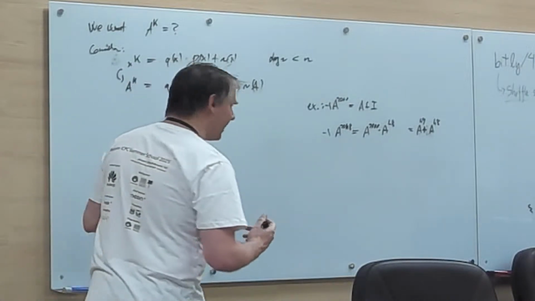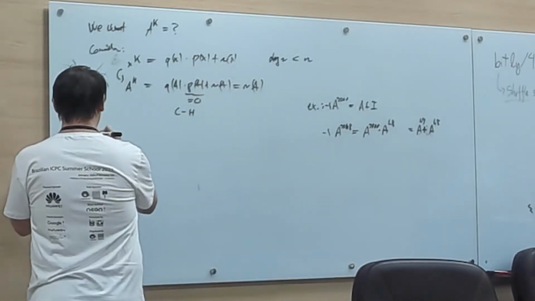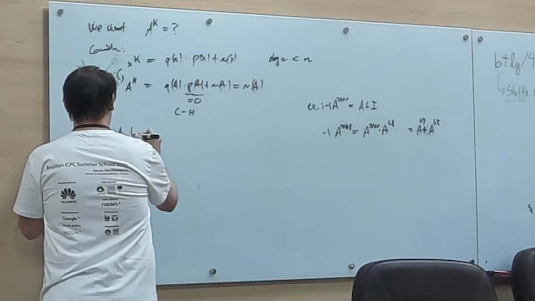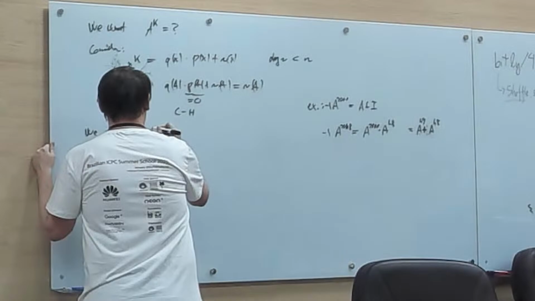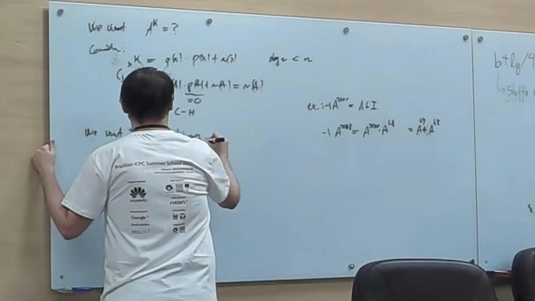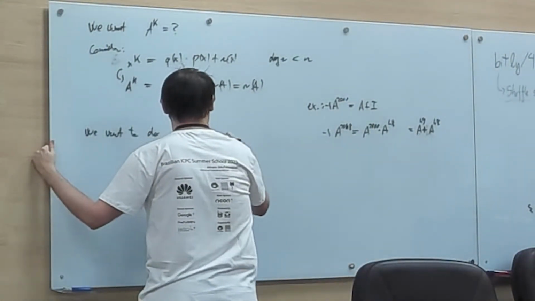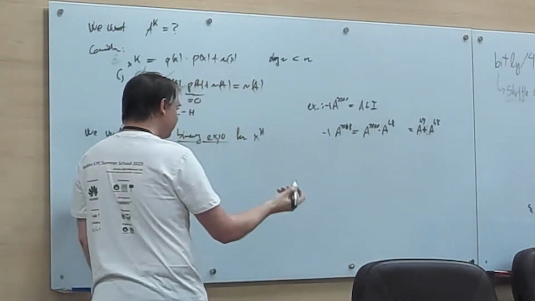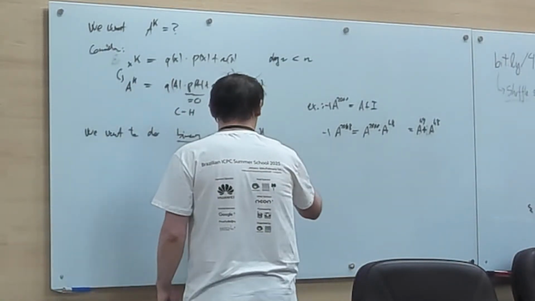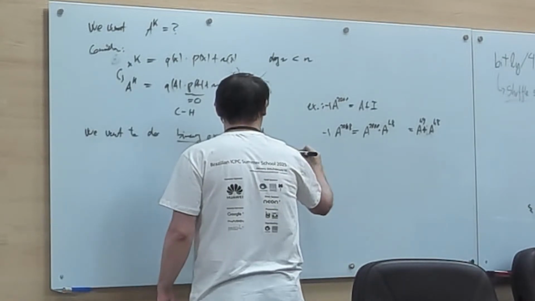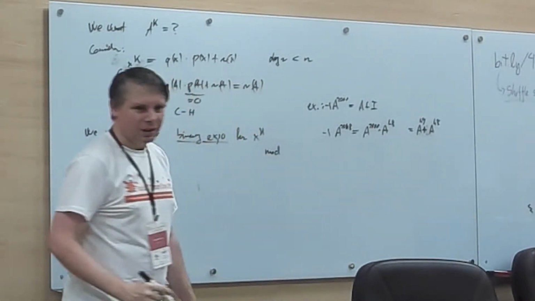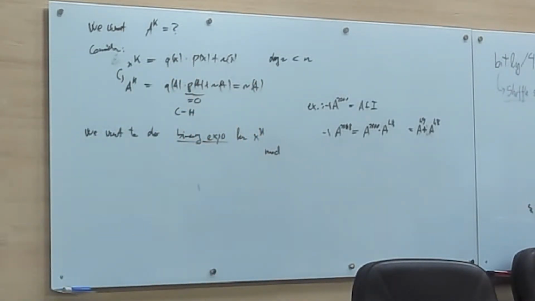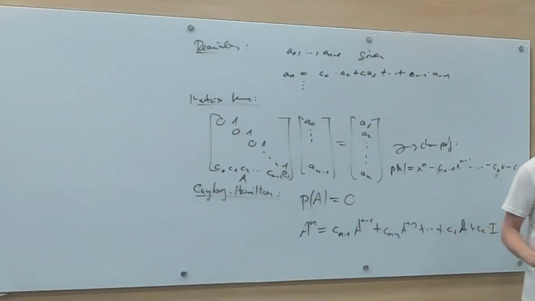You could say that we want to do binary exponentiation for x to the power of k, but modulo the characteristic polynomial.